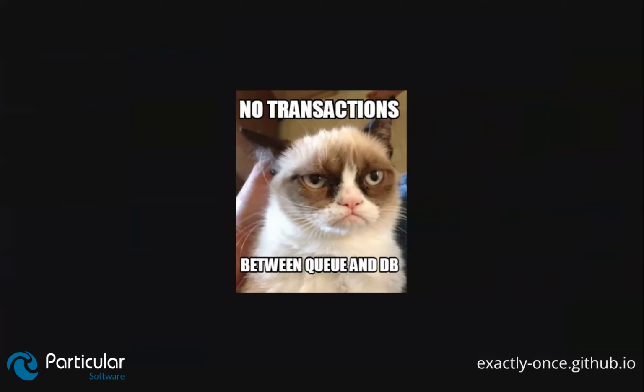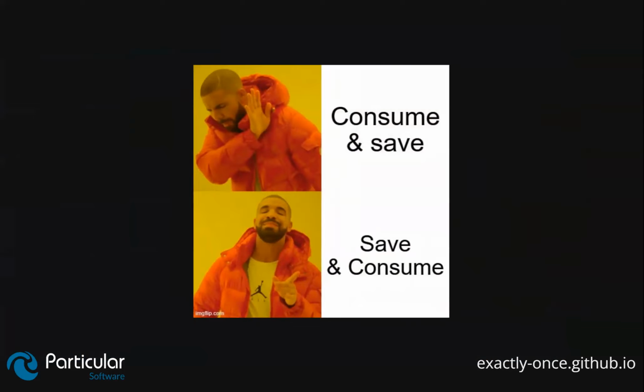We can fail partway through that process of consuming the message and saving the data, which means one of these operations might be done while the other might fail, and what to do next? So that leaves us with basically 2 options here. We can first consume the message and then save the data to the database, or we can save the data and then consume the message. And here Drake comes with the answer, with a very helpful answer.